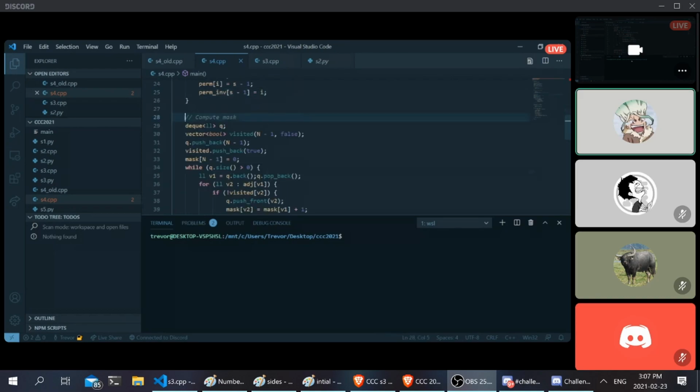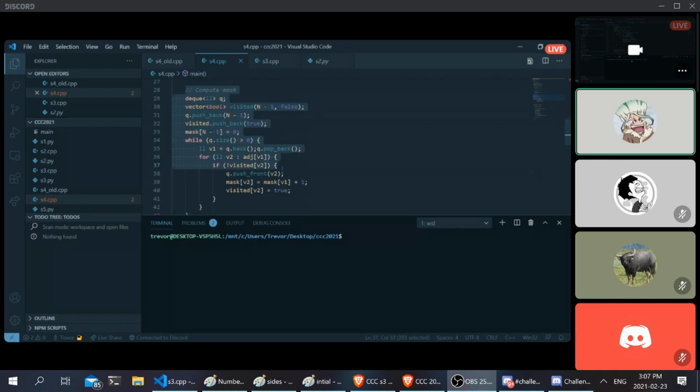And then here is our breadth first search for computing the mask. So we have a deque, which we use as a queue. Then we have a vector of booleans, which shows us which stations have been visited already. And then we push back the last station, our destination station, into the queue.